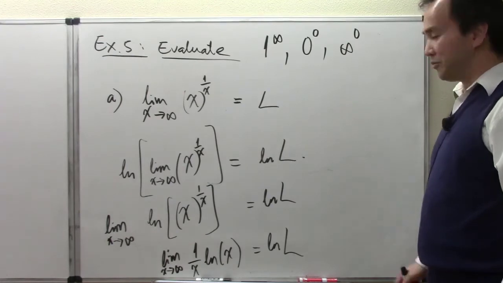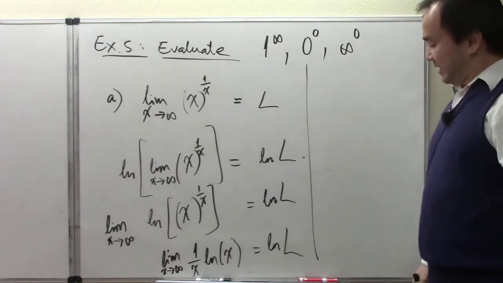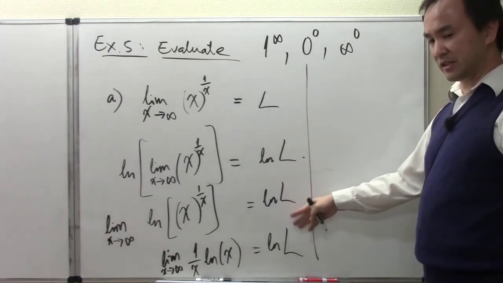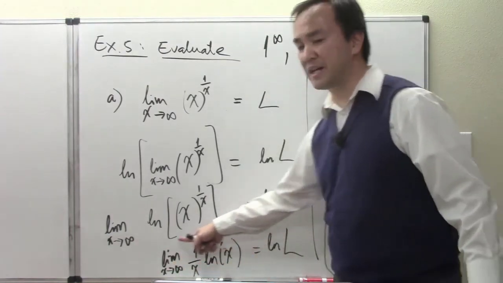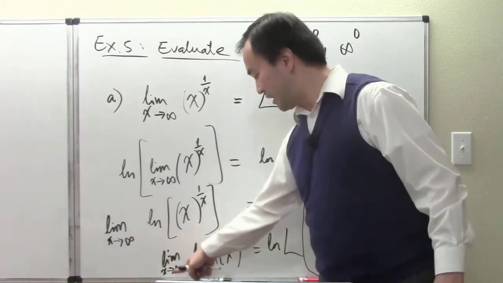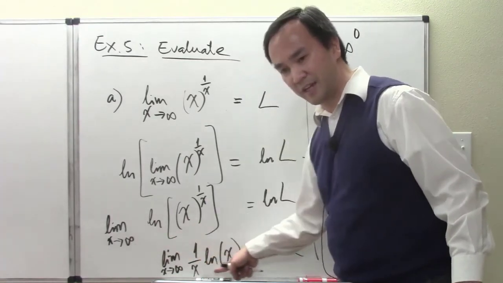We are really close to the victory here. Natural log of L is going to stay the same for the next many steps, so let me pay all of my attention to this left-hand side and find the limit there.